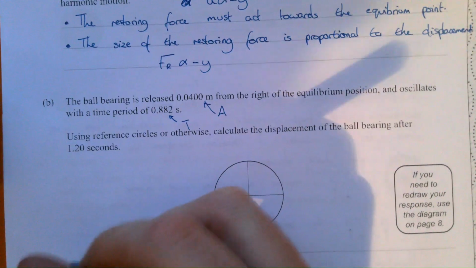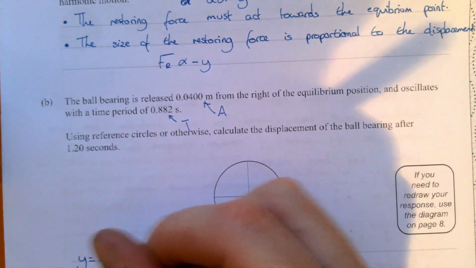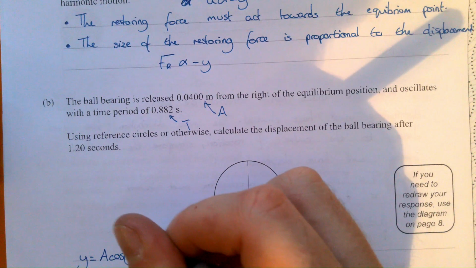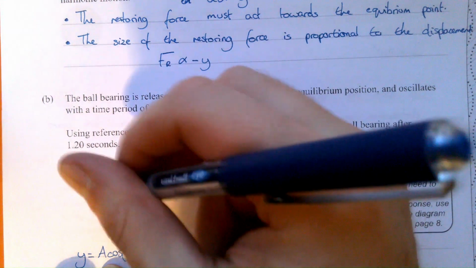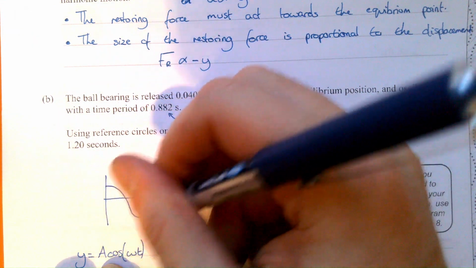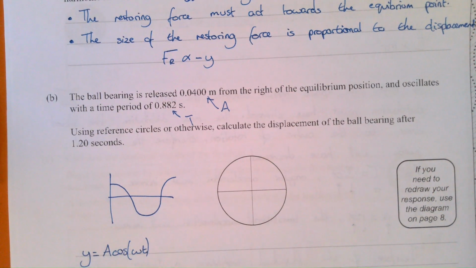So the equation for displacement is y equals A cos omega t. And it's a cosine, not the sine, because we're starting off displaced, and cosine begins its graph with a position of 1. Okay, it starts off at a maximum, which is what we want.